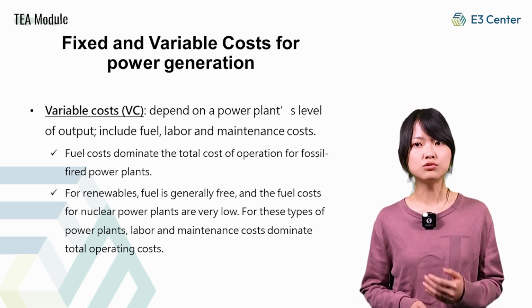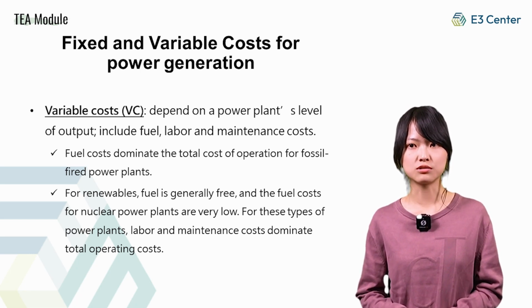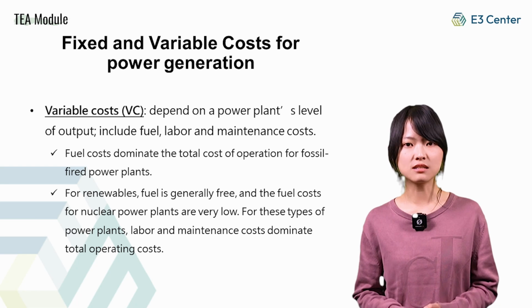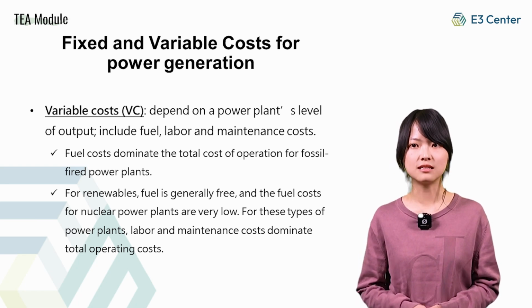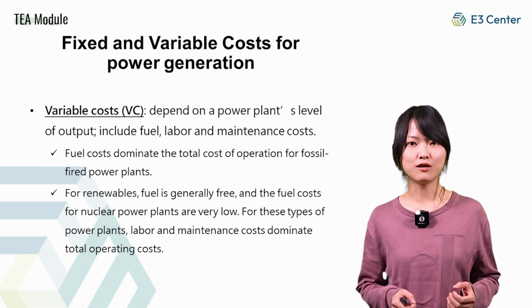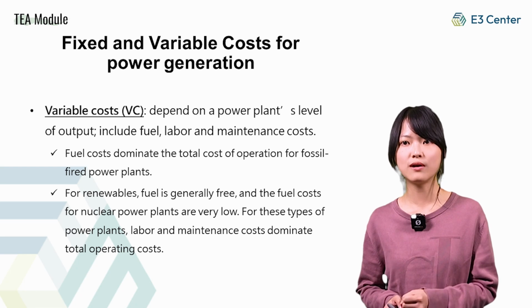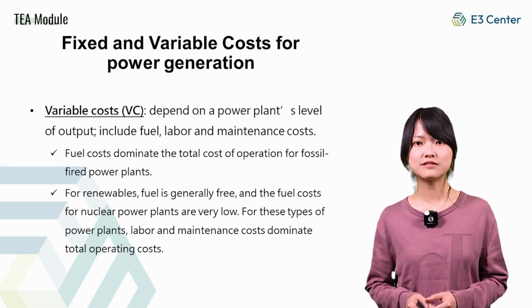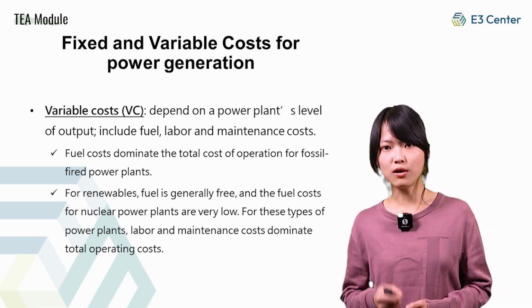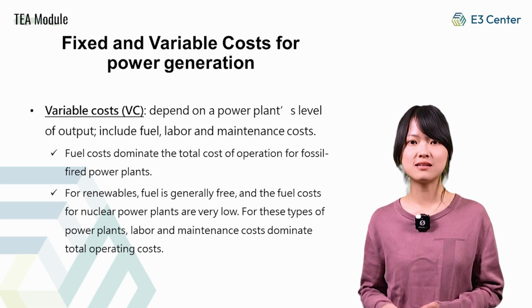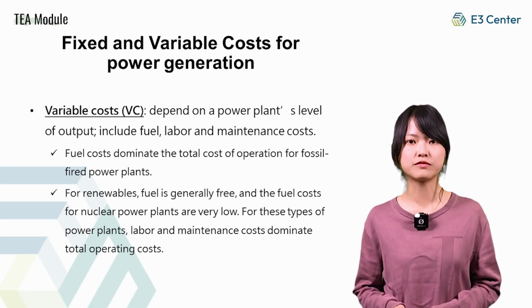As we look toward more sustainable energy solutions, analyzing these costs helps us understand the economic benefit of transitioning to renewable energy sources, which have significantly lower variable costs compared to the traditional fossil fuel plants.